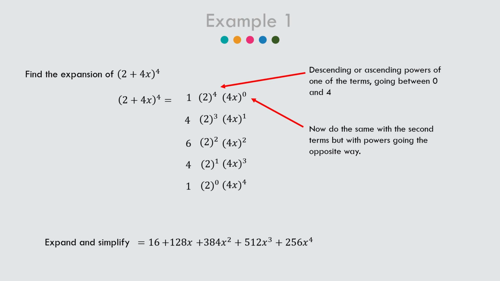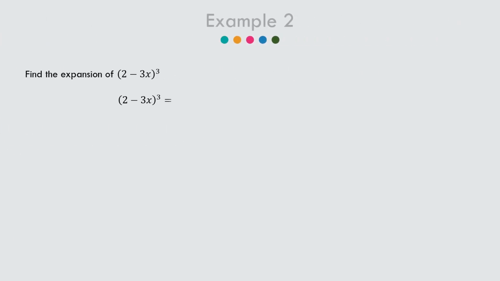In this example, we are asked to find the expansion of (2 minus 3x) all cubed. Once again, we take the coefficients from Pascal's triangle. Next, we take our value for a, which is 2, the first value in our brackets, and write that in descending powers.